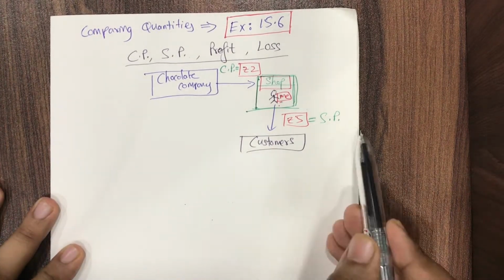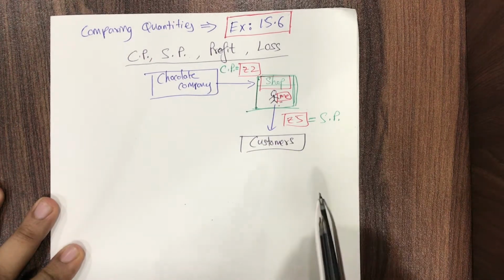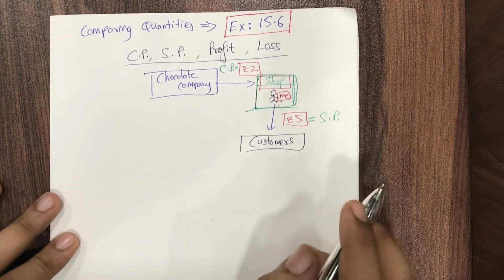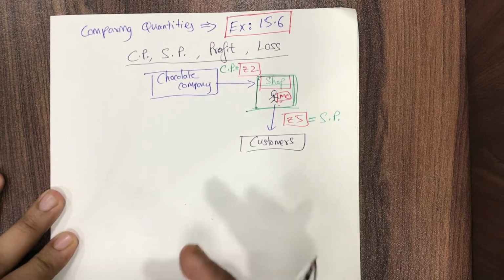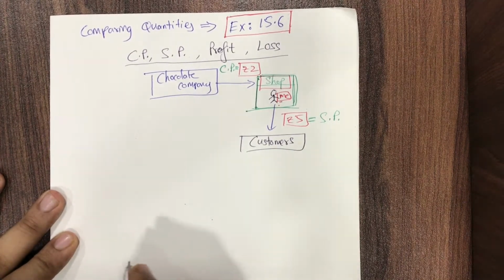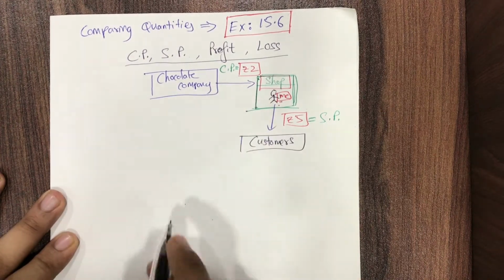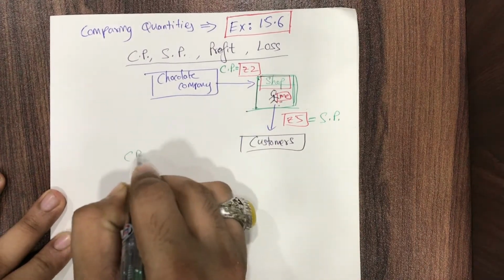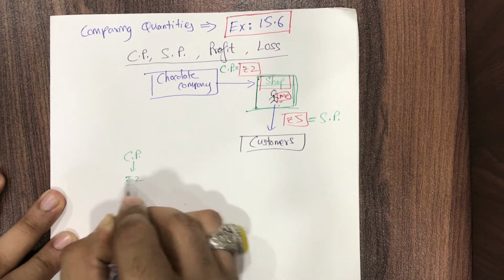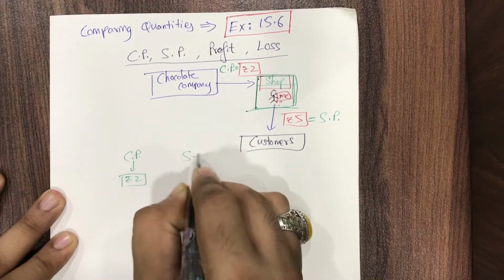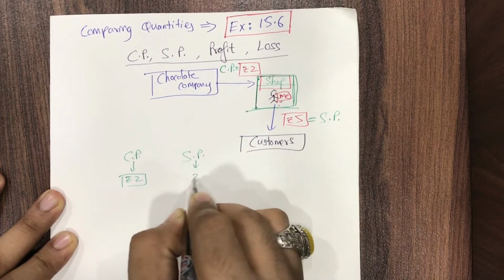That means मैंने बेच दिया in rupees 5, so selling price is rupees 5. Then in the later part of the evening, when I was doing my calculations whether I earn some money or not, I will compare these two things. My cost price CP of that chocolate was rupees 2. My selling price of that same chocolate was rupees 5.